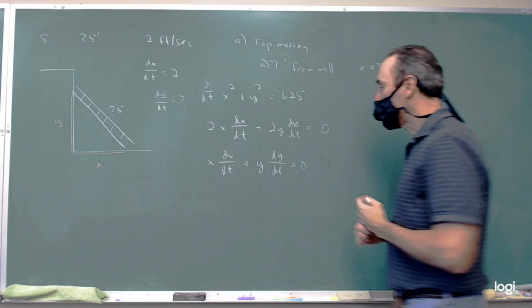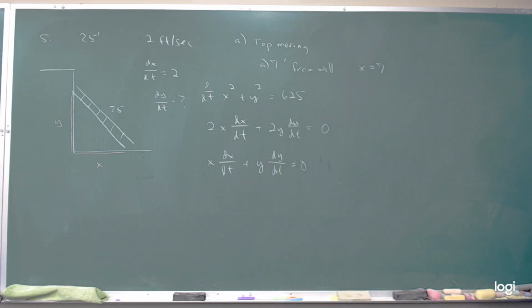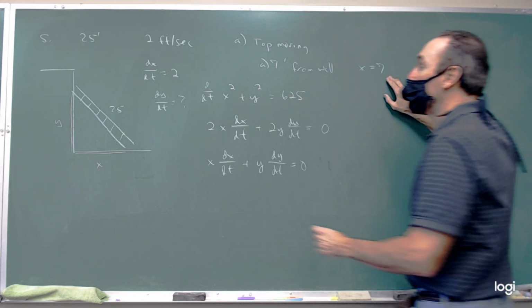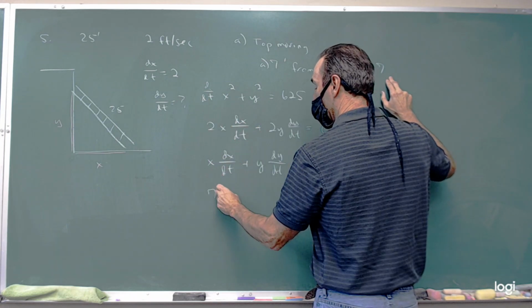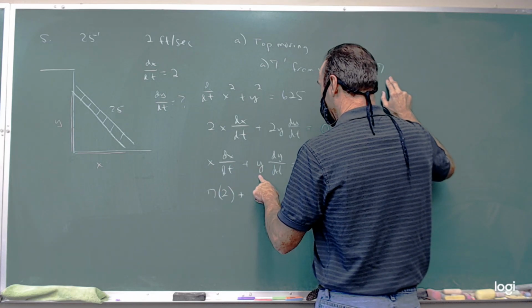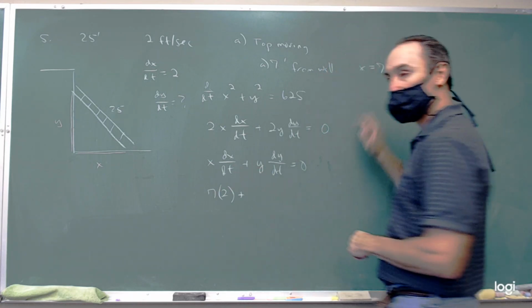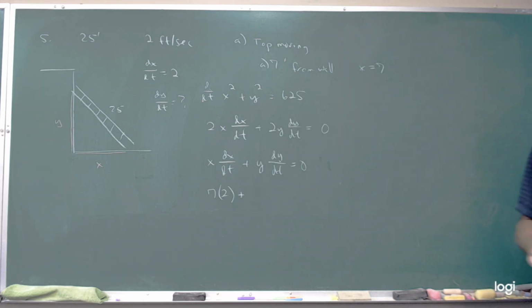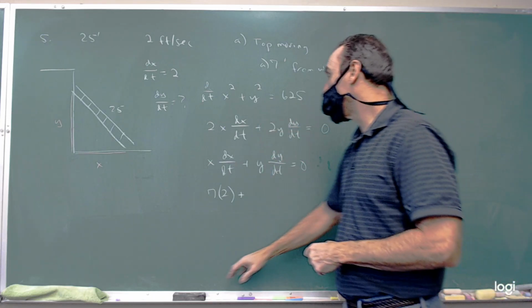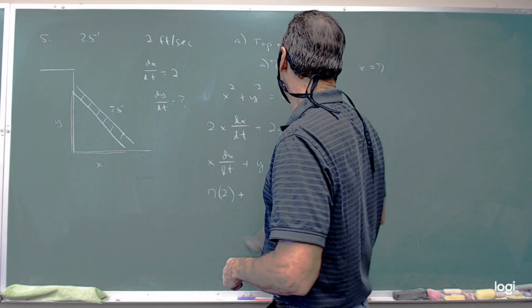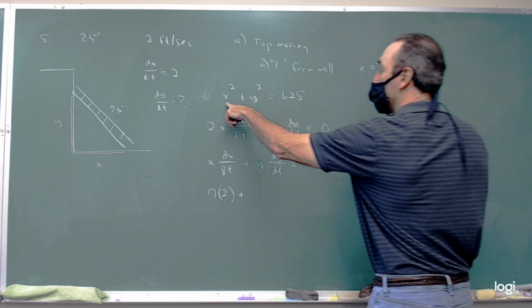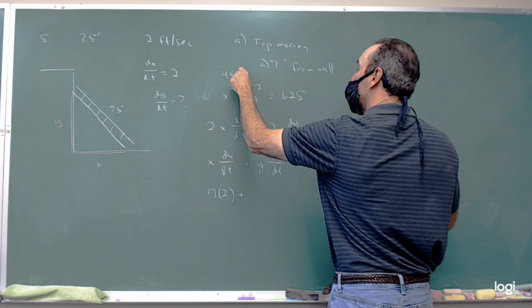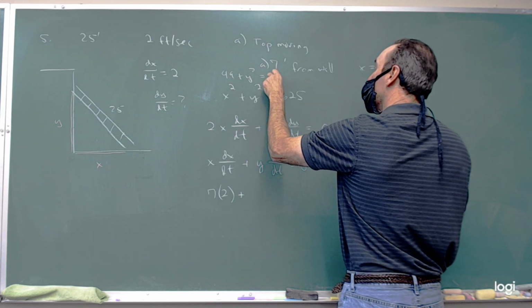Now let's see if we can figure out what we know and solve for what we don't know. The x we said was 7. The dx/dt we said was 2. We have to solve for the y. Going back to our original Pythagorean relationship, x squared plus y squared equals 625. When the x is 7, we get 49 plus y squared equals 625.